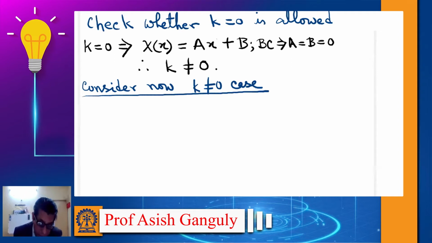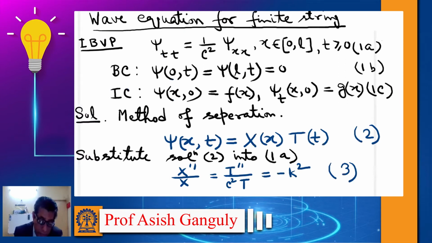In the previous page, you have these equations: X double dash equal to minus k square X and T double dash equal to minus k square c square T. Both are simple equations. The only thing is that this is an eigenvalue equation. K is unknown. Capital X and capital T will be eigenvectors corresponding to a specific value of k, so we will label them as X_k and T_k.